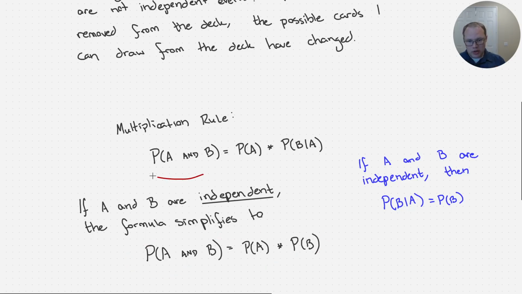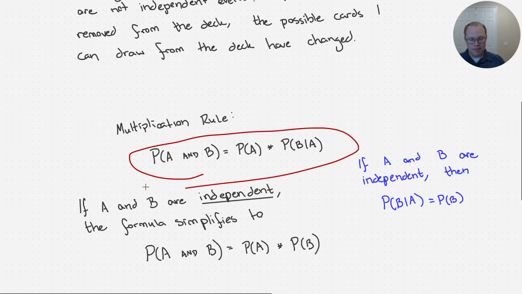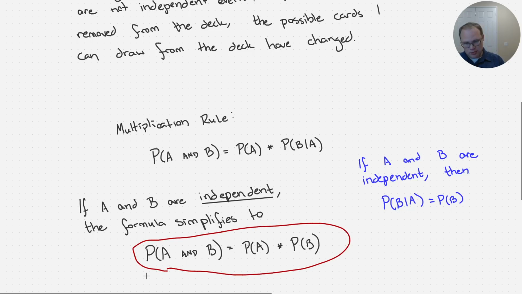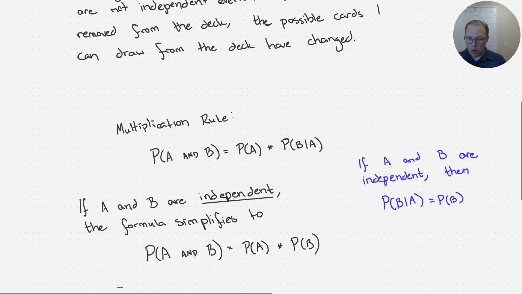You need to use this more complicated formula. So if you're not sure, use this. If you can show A and B are independent, or if you're sure they are independent, then you can use this nicer, simpler formula. But only then. If you're at all in doubt, use this one.